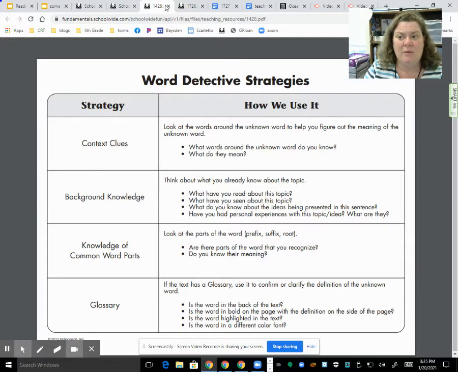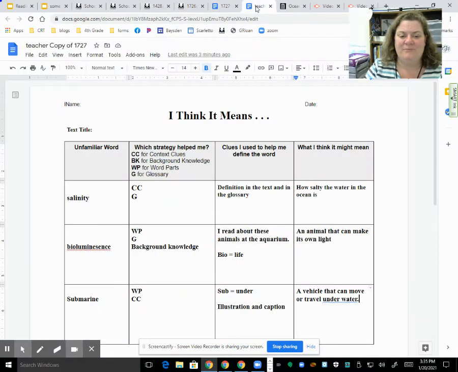Were you using common word parts, like we talked about with sub, micro, and bio? Or did your book have a glossary? Were you able to find out some of the word definitions by actually looking up in the back of the book, the glossary?